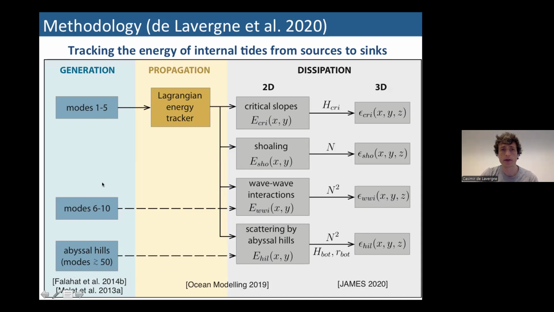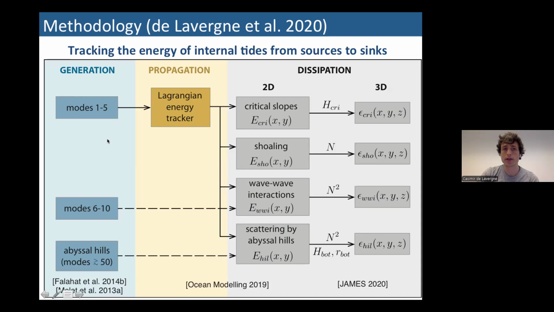So we start from these static maps of internal tide generation, and then using the climatological stratification, we track the energy beams in a Lagrangian way, and we try to estimate the dissipation of these low modes.